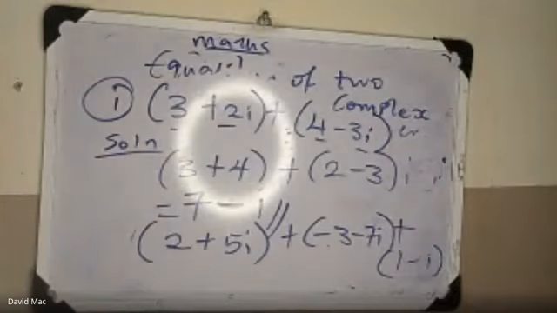So this is your question. 2 plus 5i plus minus 3 minus 7i plus 1 minus i. Solve this question and give me the answer. You have 30 seconds for that.